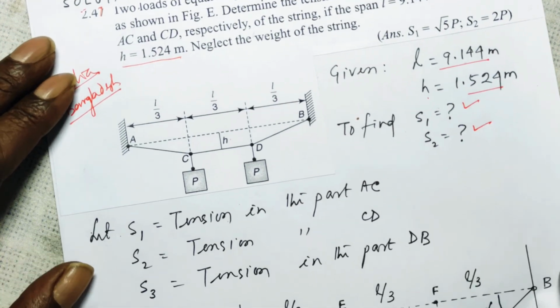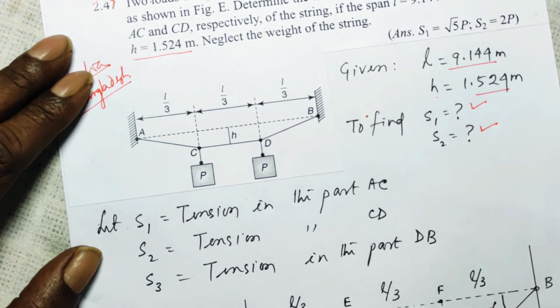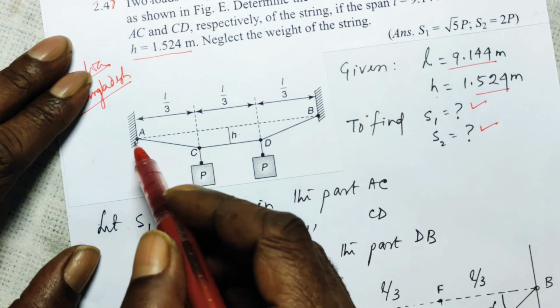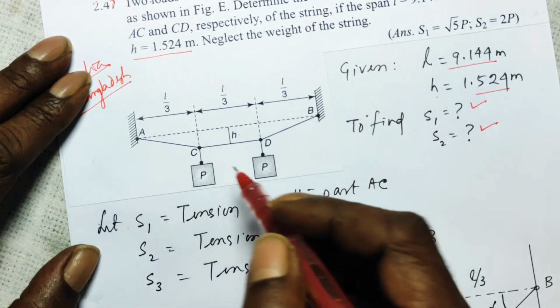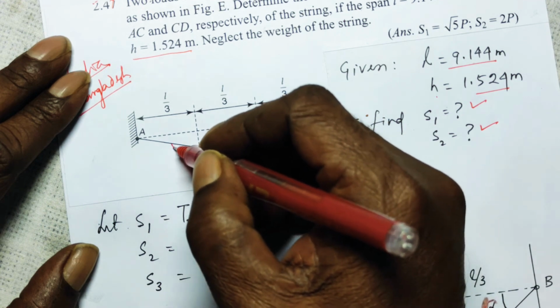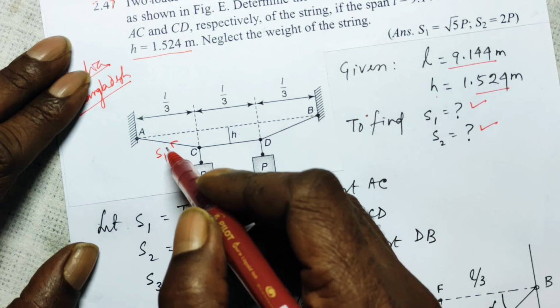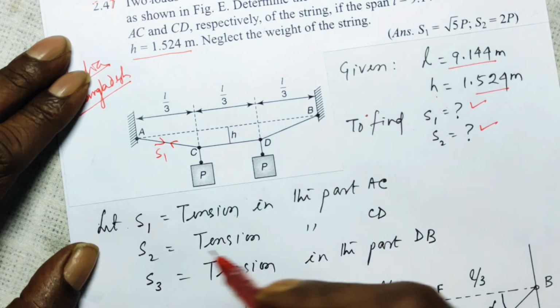If you look at the diagram, let S1 be the tension in the part AC of the string ACDB, and it will be away. For the point C, it will be to this side. Let it be S1. And if you consider point A, it will be to this side.